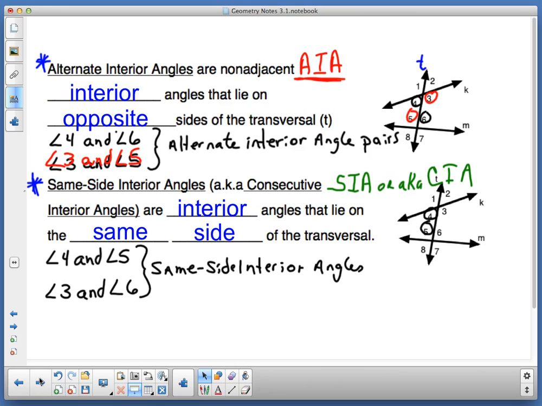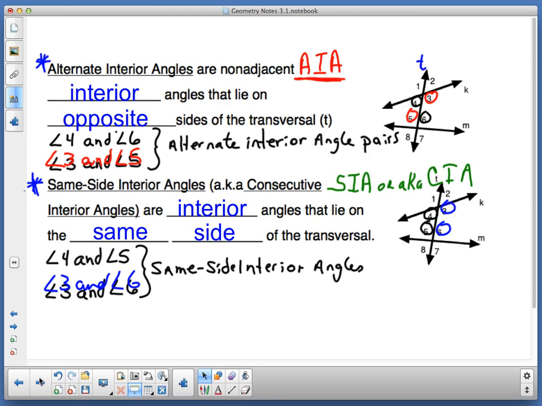I'm going to use a different color here for 3 and 6. So 3 and 6 are here. But they're on the inside of the two lines that are crossed by the transversal, but on the same side of that transversal. Same side interiors.